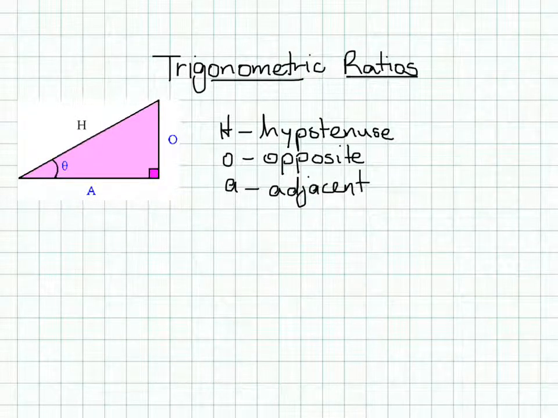Now, looking at our right angle triangle here, a few things we should note straight away. First of all, always try to identify where your hypotenuse is, and it is opposite the right angle. The next thing to note about our right angle triangle is this. We have now got an angle in here.